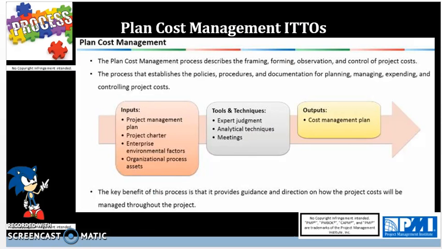Now, the ITTOs for plan cost management are as follows. So we have inputs as project management plan. Project management plan here consists of the scope baseline and schedule baseline, project charter, enterprise and environmental factors, factors that are not in the control of the project team that influence, constrain, or direct a project.